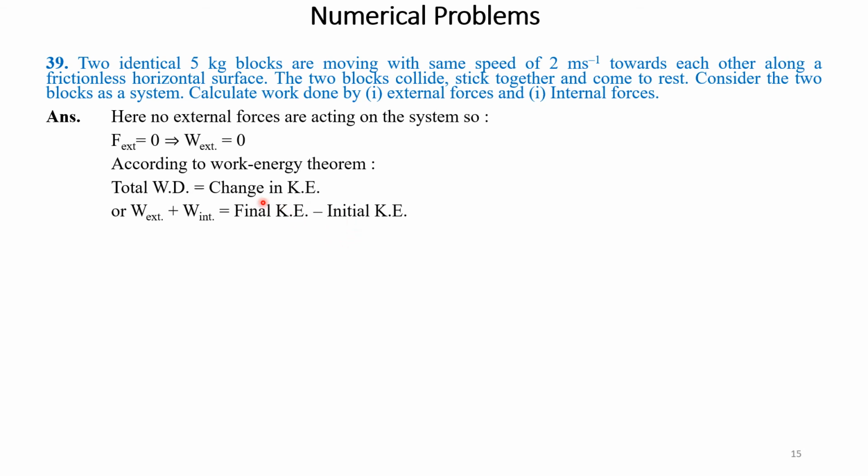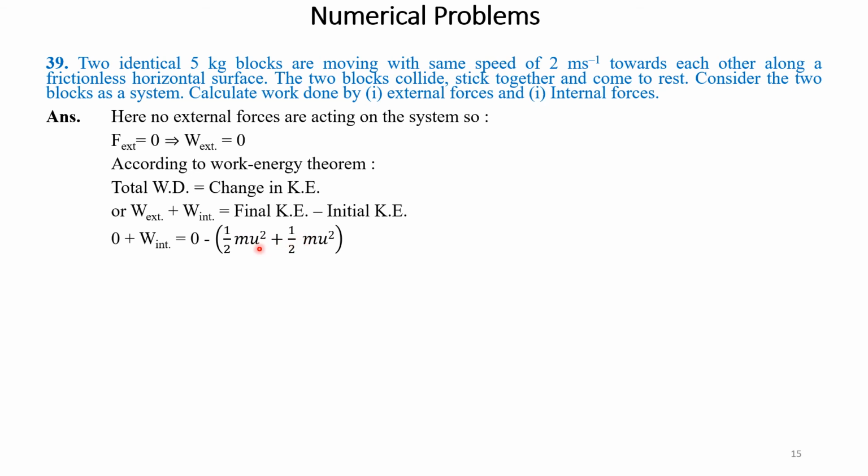The change in kinetic energy is final kinetic energy minus initial kinetic energy. So, external work is 0 plus work done internal equals 0, that is the final kinetic energy because it comes to rest, minus the initial kinetic energy, which is half m u square, where u is the initial speed, plus half m u square, because the blocks are moving as a system.